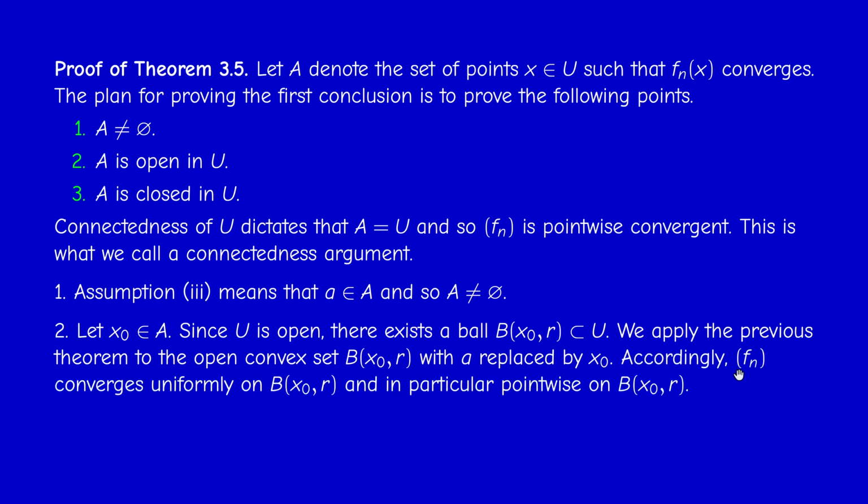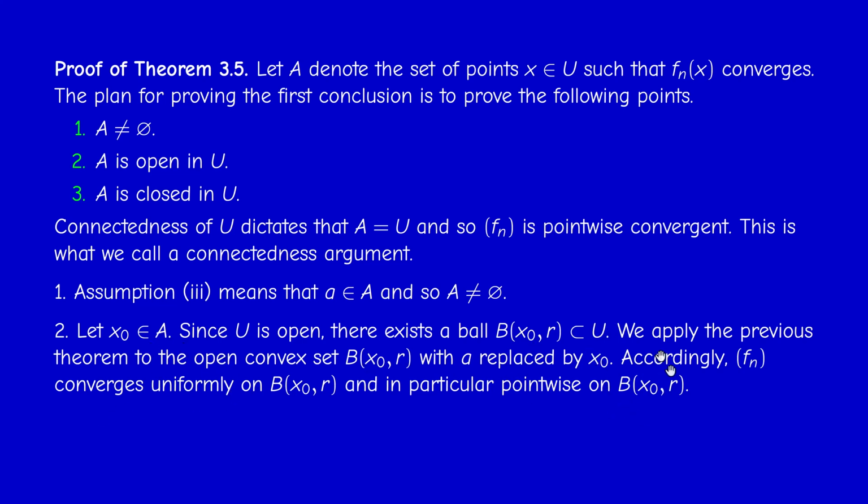So according to the conclusion of the previous theorem, Fn converges, and uniformly actually, because this is a bounded set. So it converges pointwise, and convergence is uniform on every bounded set. Since the ball is bounded, convergence happens on the whole ball. We don't need uniform convergence for the moment, but we shall need it later.